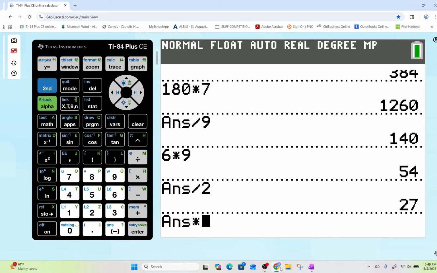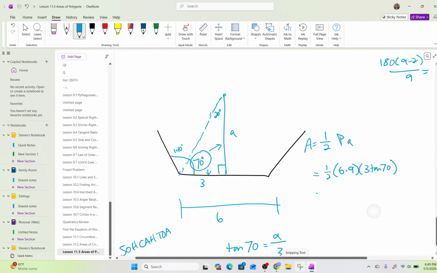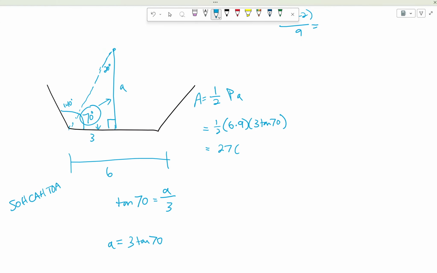And I'm going to multiply that now by 3. So this was 27 times 3 times the tangent of 70. And then we multiply those coefficients. 3 times 27 is 81 times the tangent of 70.